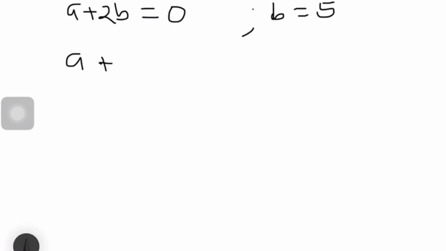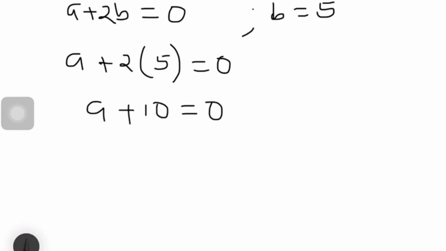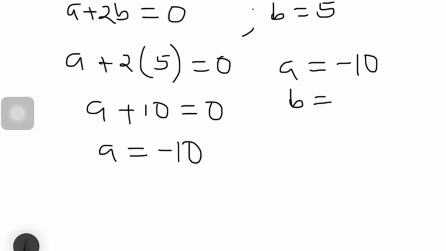Yes. a plus 2 multiplied by 5 is equals to 0. a plus 10 is equals to 0, and our a is equals to negative 10. So our a is equals to negative 10, while our b is equals to 5. And the question was asking, we were required to find the equation that connects y and x.